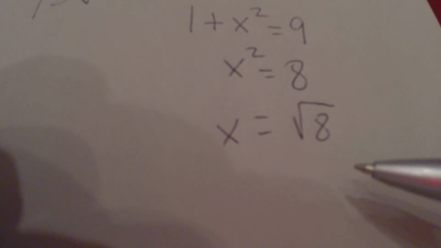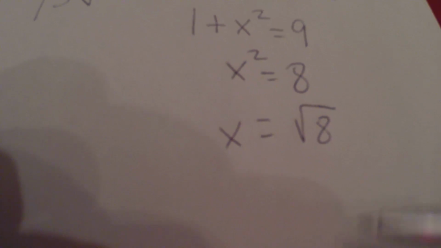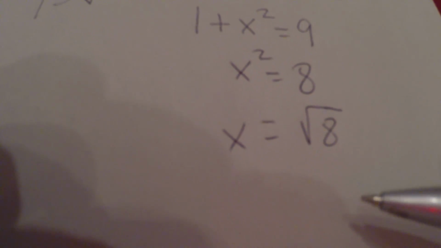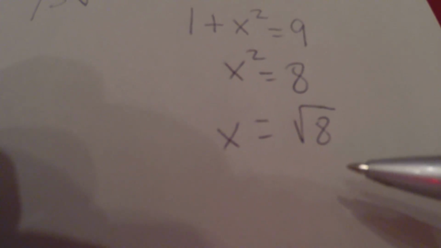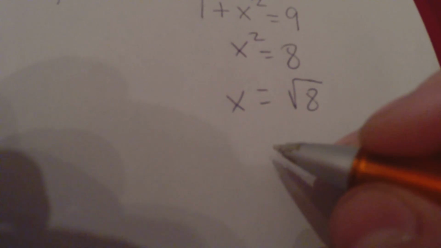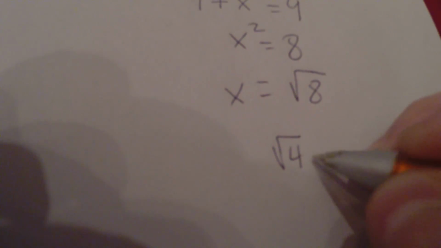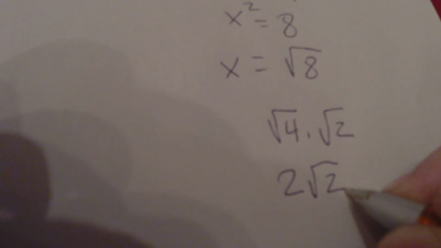That would be the square root of 4. Obviously, the next one would be the square root of 9, because 3 squared is 9. So the square root of 8 is divisible by the square root of 4. So we can break this down to the square root of 4 times the square root of 2. And if the square root of 4 is 2, then it's 2 root 2.